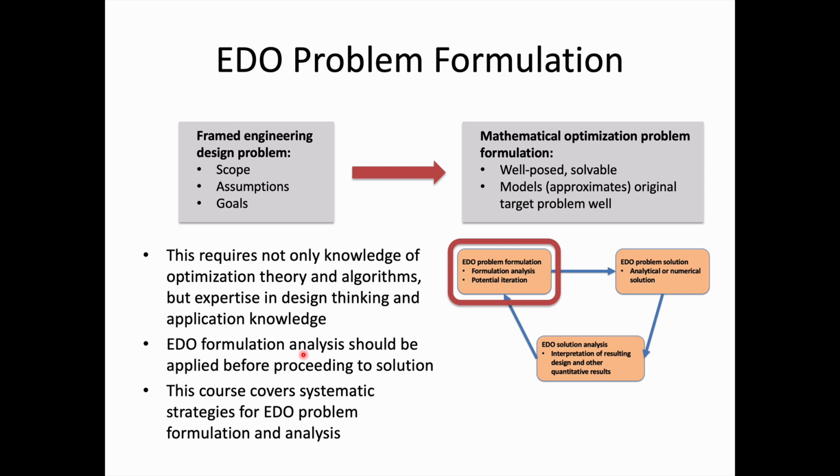So I hope that in this class, by focusing on this systematic approach to formulation, solution, analysis, and this iterative improvement cycle, I can help to accelerate your ability to use engineering design optimization in an effective way on practical engineering design problems.